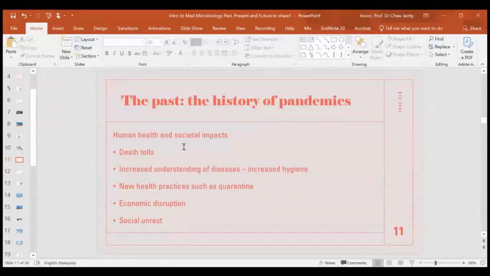And also social unrest, the example that I gave you just now, the Jewish people, and also the religious practices and religion impact.